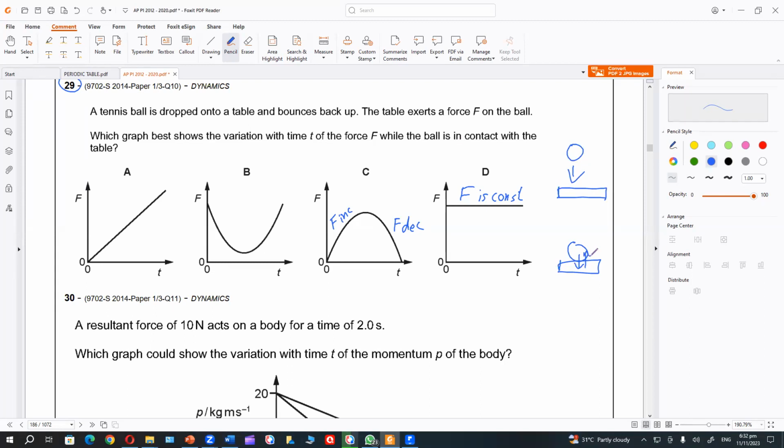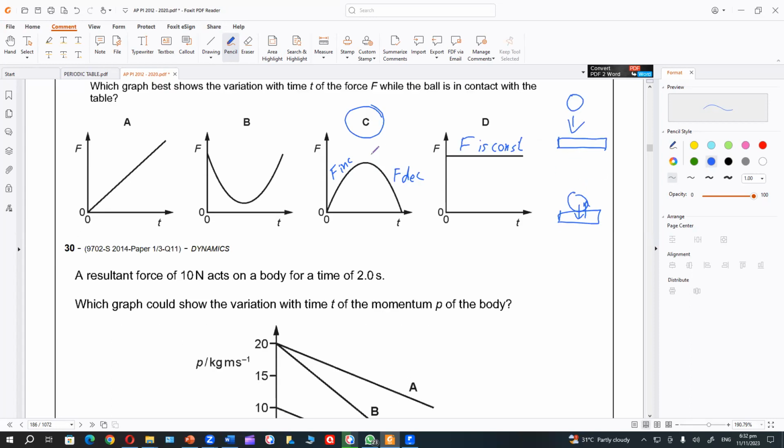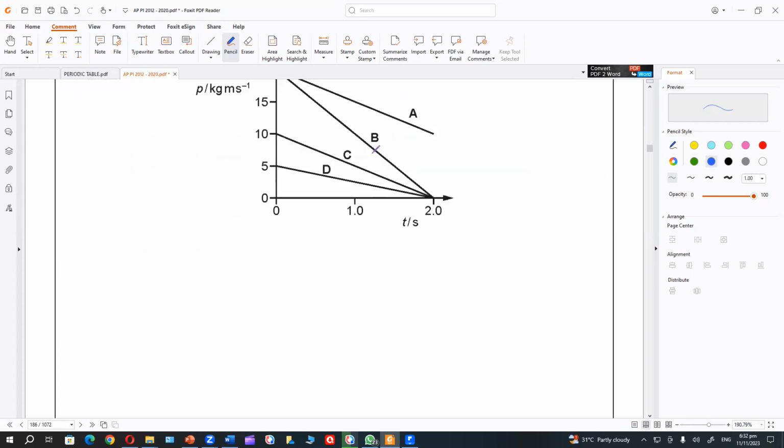The ball applies a force which phases out. The table will apply a force which also will phase out, because energy is not continuously available there. The contact has to finish. So that is why C is the right answer. Force will increase, and as the ball begins to rebound, the force will decrease.